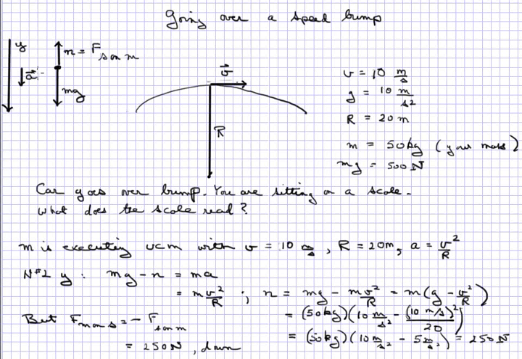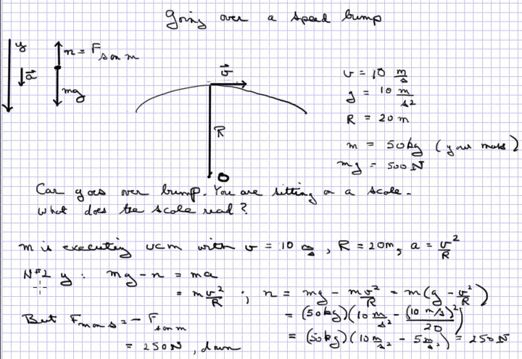From uniform circular motion, we know that the acceleration has to be downward towards the center of the circle. So let me label that here because I haven't done that. And so we know the acceleration is this way, and so by Newton's second law, we know that mg has to be longer than N, giving a net force that's in the same direction as this acceleration.